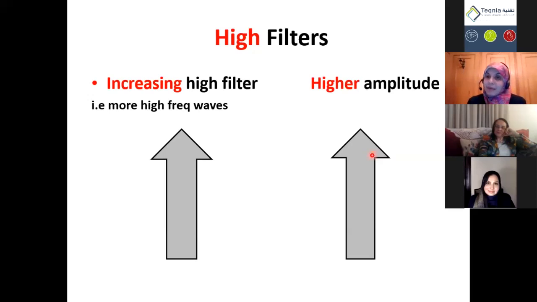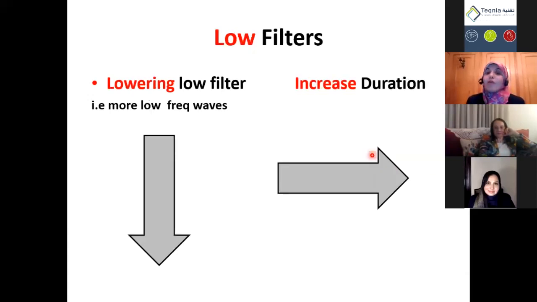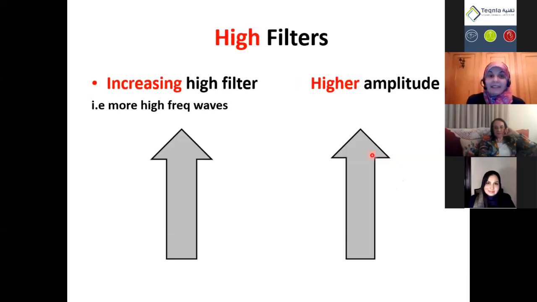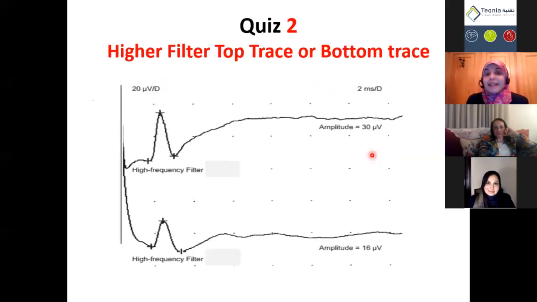But to make it simple, because there are too many details in the filters, let us agree that increasing the low frequency filter, allowing more waves, increases the duration, and increasing the high frequency filter, allowing more high frequency waves, increases the amplitude. This is another quiz.